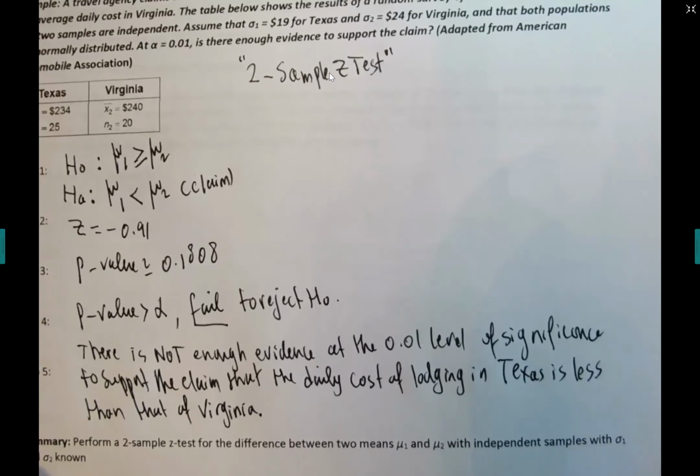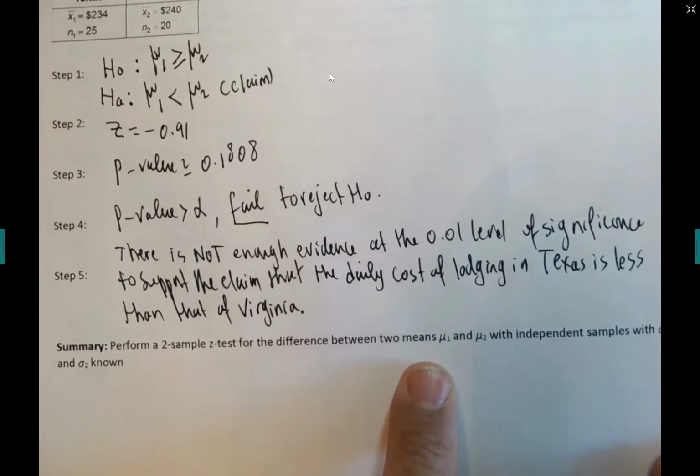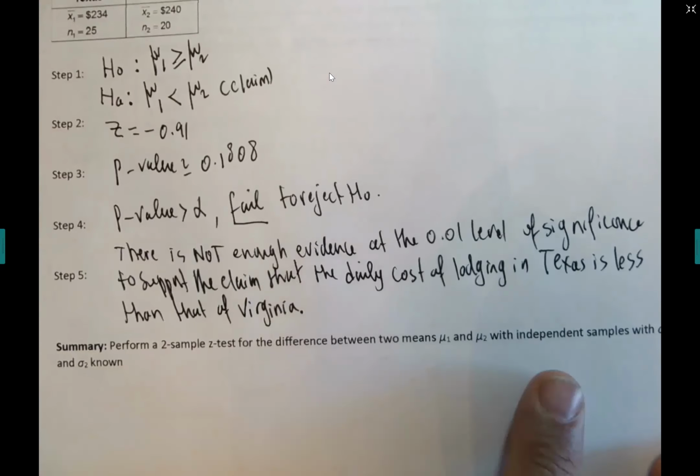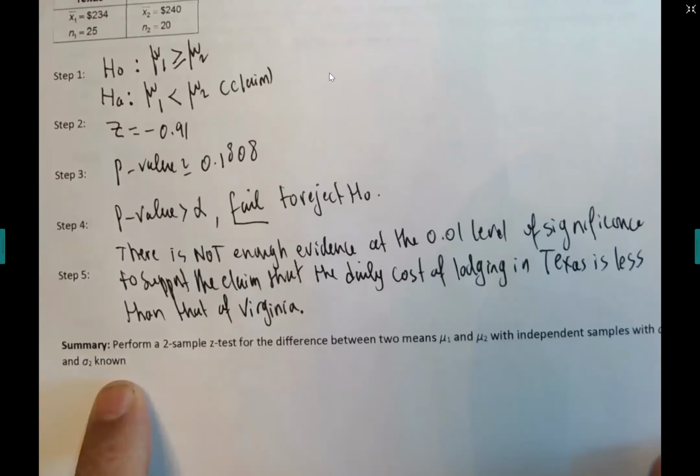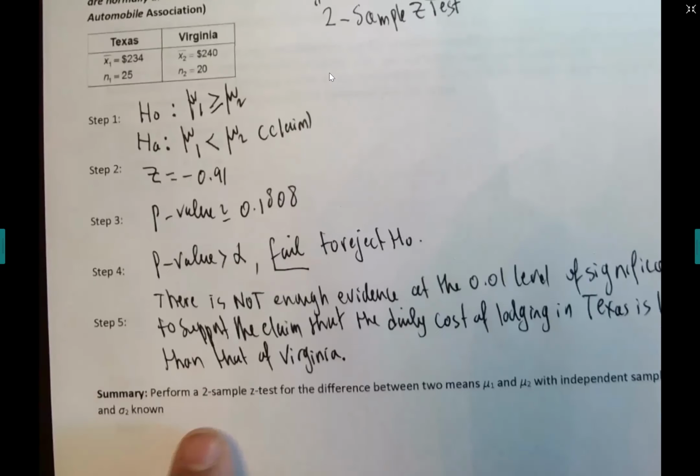So a summary of this section, guys: perform a two-sample z-test for the difference between two means, mu1 and mu2, with independent samples when sigma 1 and sigma 2 are known. Now you can see the next section is going to be when sigma 1, sigma 2 are not known. So that's what I'm going to be doing next. So that concludes the first one.